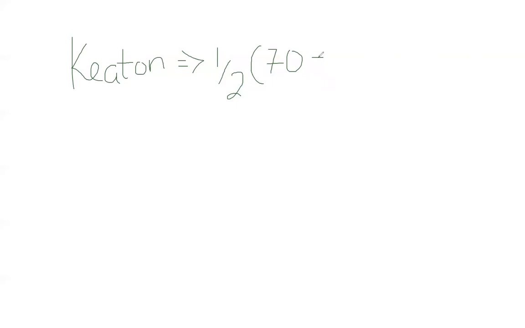Let's look at Keaton. For Keaton, we have half times the market price, which is 70, minus the first point where Keaton is willing not to offer any ride, which is 50, that's the minimum price, times the quantity he offers at 70, which is 10 in this case. And again, if you do the math right, you should get $100.